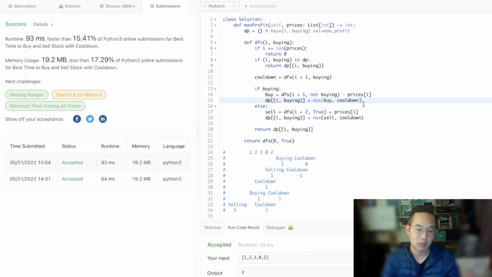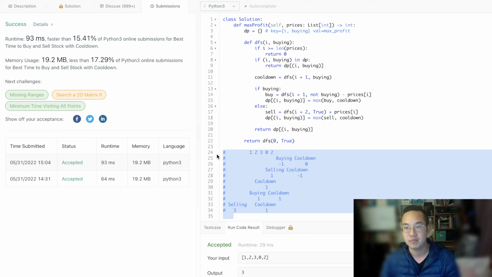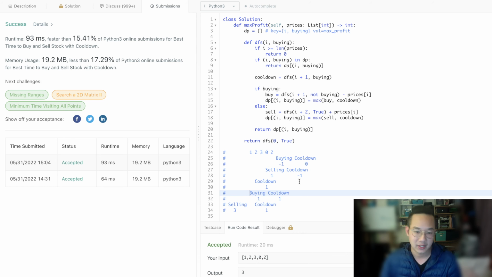And we can refresh our memory by looking at this diagram here, to make sure that we remember to store an extra variable to signify whether we're buying or selling, or what happens when we need a cooldown after we sell.